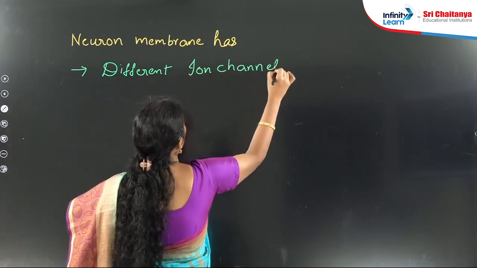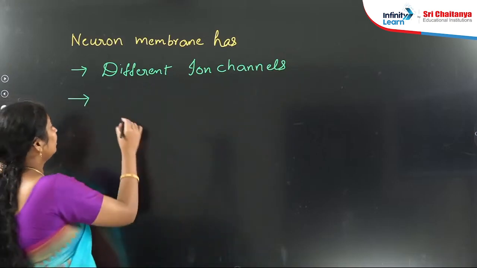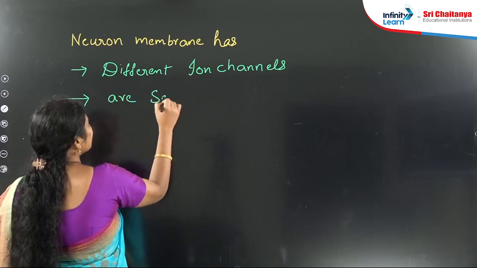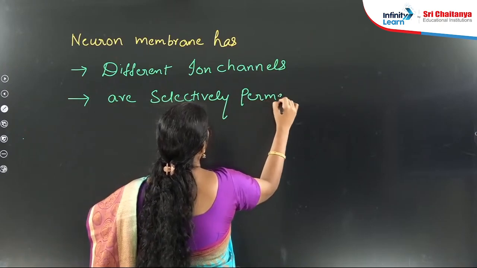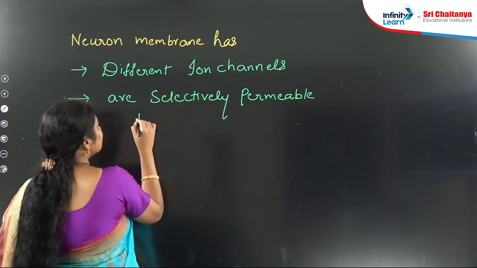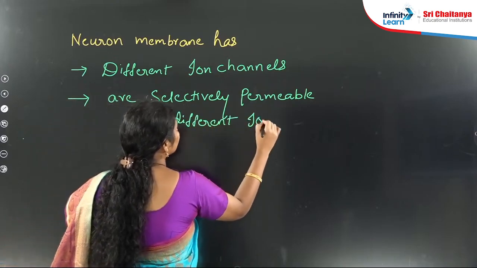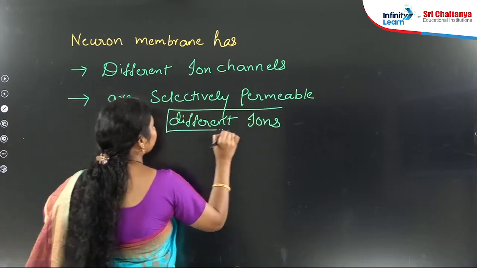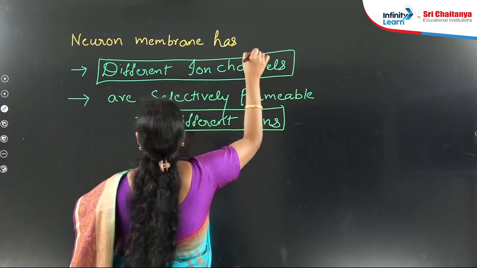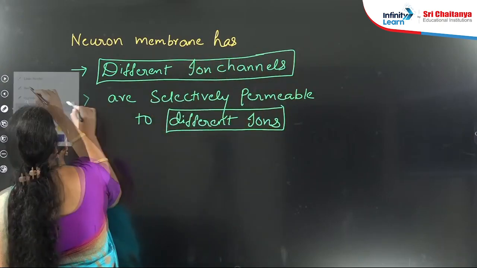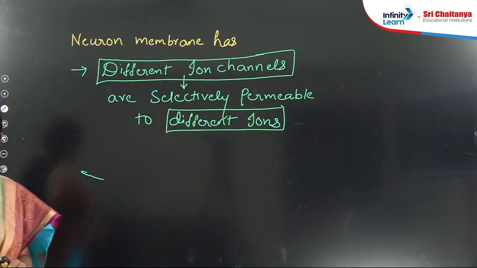This is a statement question. The neuron membrane has different ion channels, and these are selectively permeable to different ions.